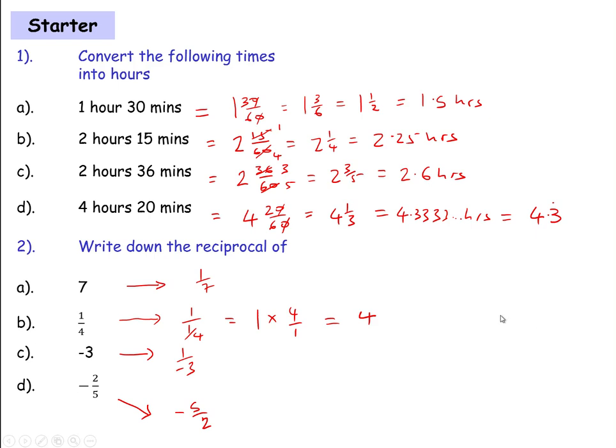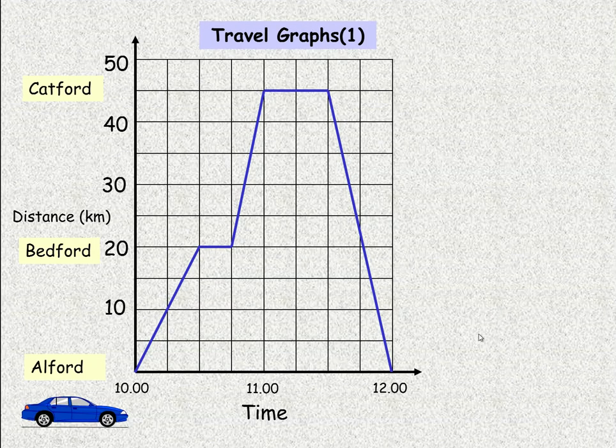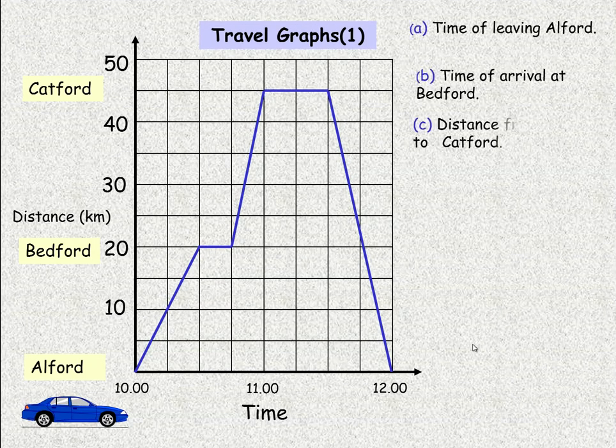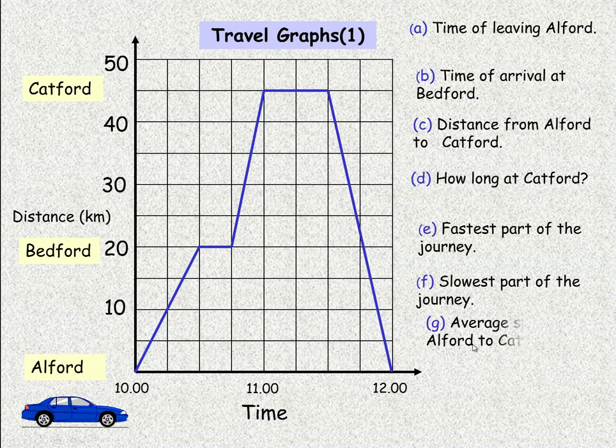One of the sheets looks very much like this, with some questions. If you can print that sheet off, then answer the questions. If not, just answer the questions in your book now. Click pause, answer the questions, and then we're going to go through them in just a minute. When you're ready, hit play again.